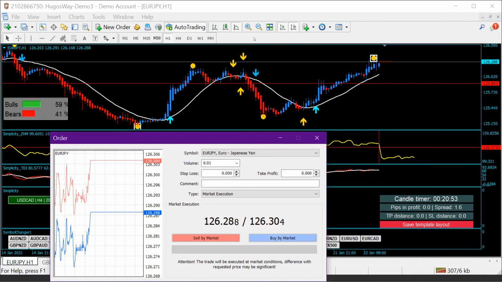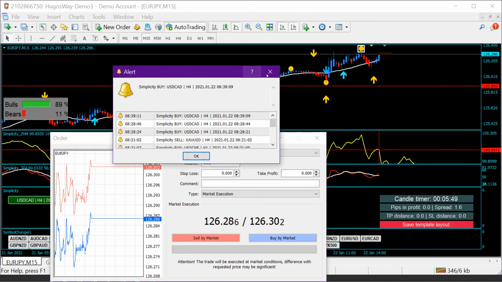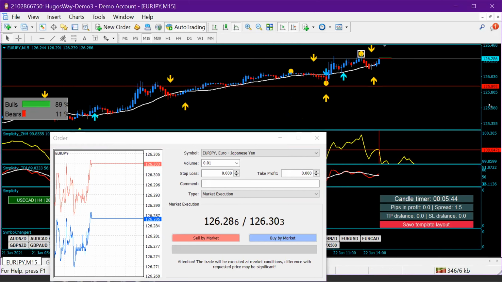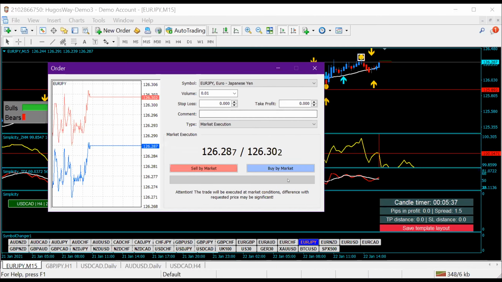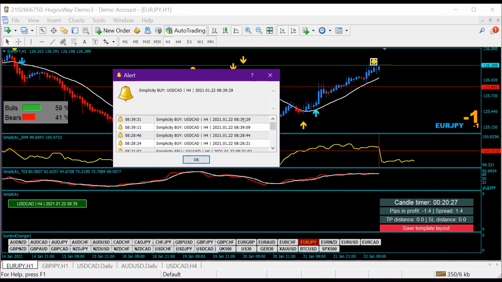I am going to, just for training purposes, take a trade on this pair. All right, so my pip counter, which is one of the additional indicators that the group offers, starts showing here.